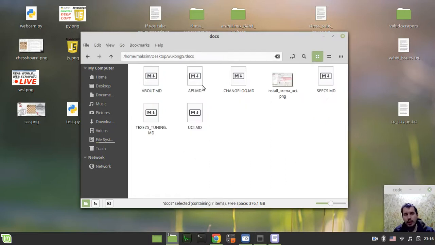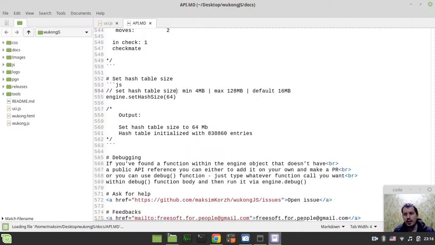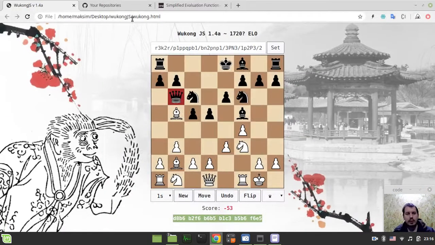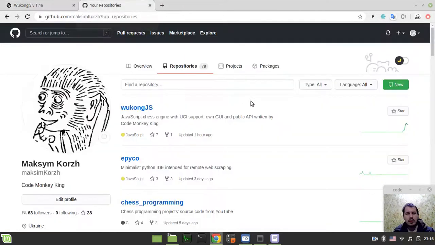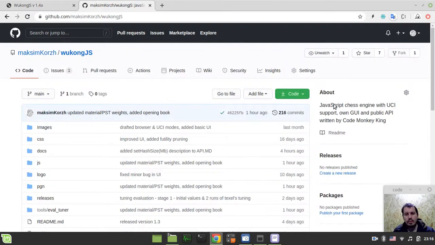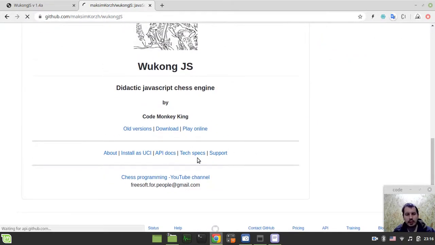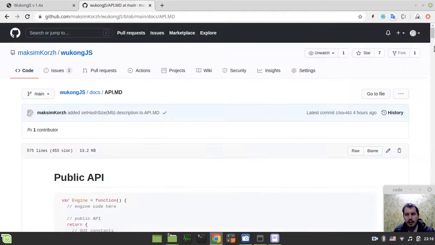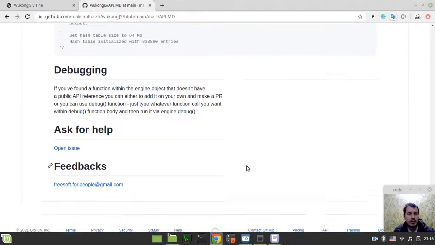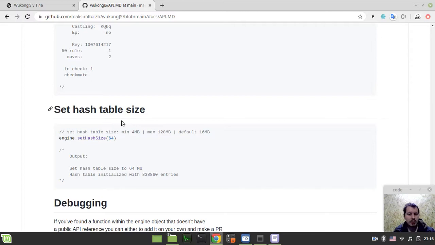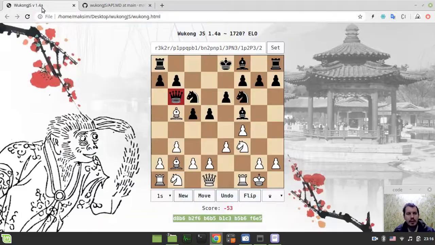I've added a new method to the public API of WukongJS. Let's go to the API docs, and at the very bottom we have set hash table size. So we can simply say engine set hash size, and then the value we want.